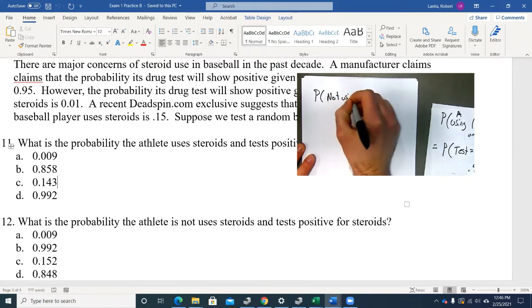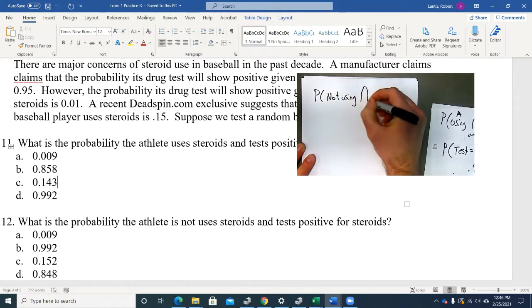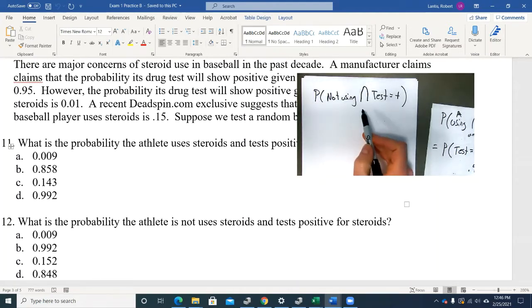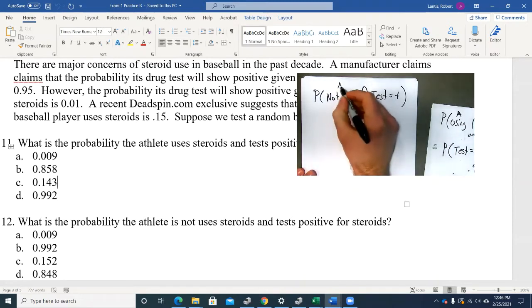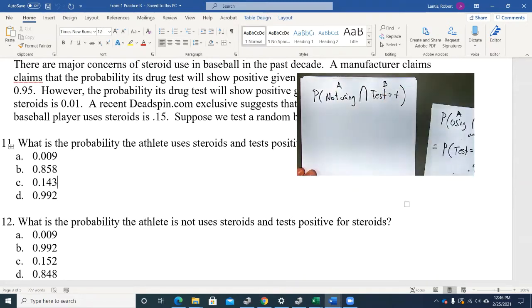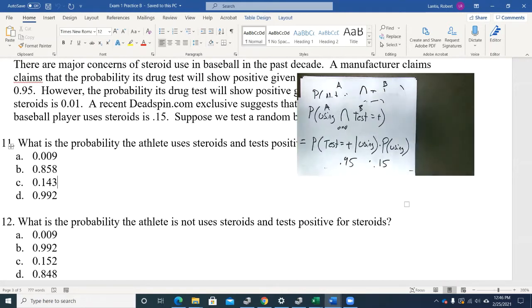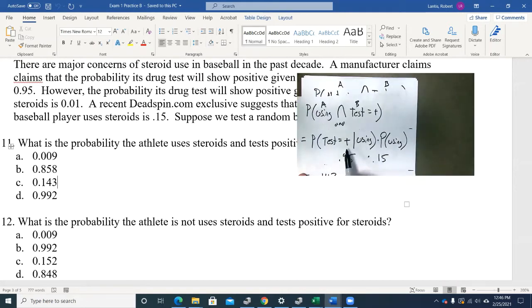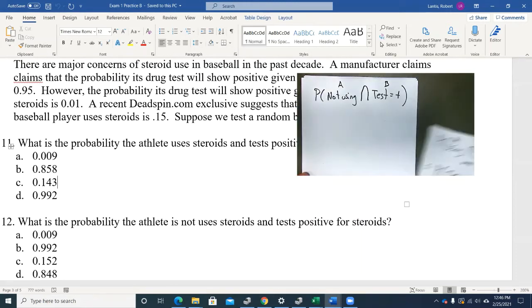What's the probability they're not using, and this test comes back positive? So just writing out what the problem is asking for. Well, it's the exact same thing we were doing before. We can think about this is my event A, this is my event B, and it's going to be using that same rule where we look at the conditional probability times what we're conditioning on.